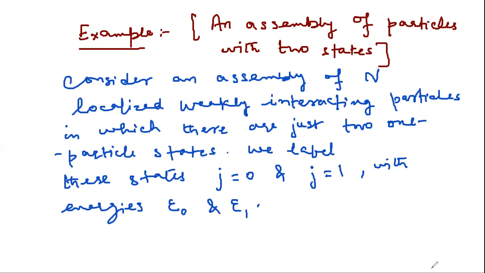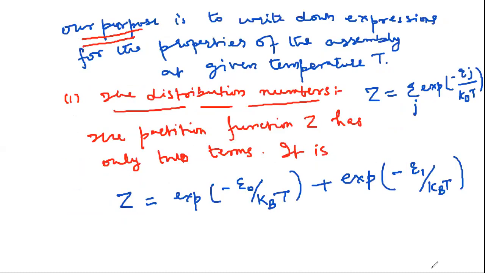So our system was an assembly of N localized weakly interacting particles in which there were just two one-particle states which we labeled J is equal to 0 and J is equal to 1 with energies epsilon 0 and epsilon 1. Then we said we will use the thermal equilibrium distribution, that is the Maxwell-Boltzmann distribution, and other related ideas which we discussed previously to express different properties of this assembly at given temperature T.